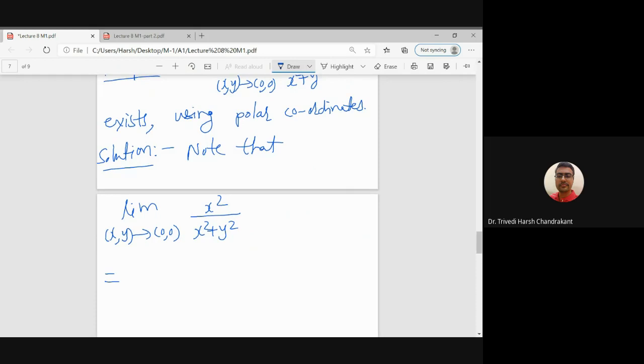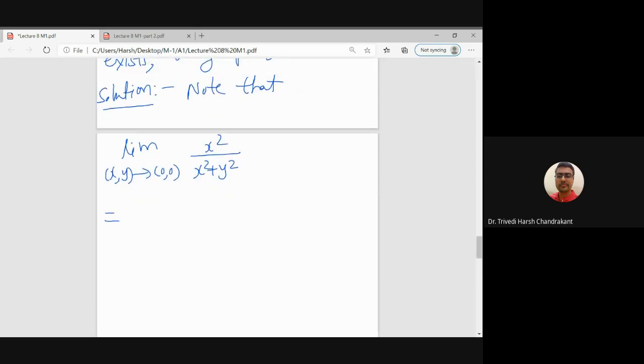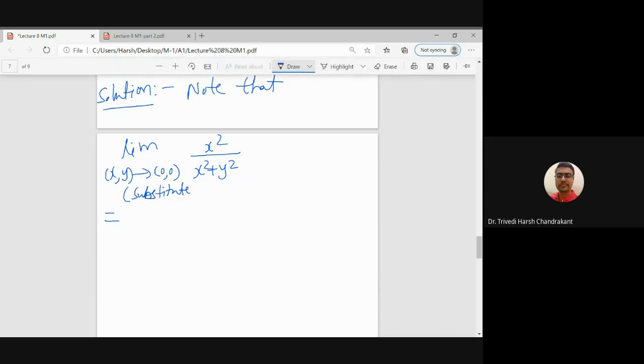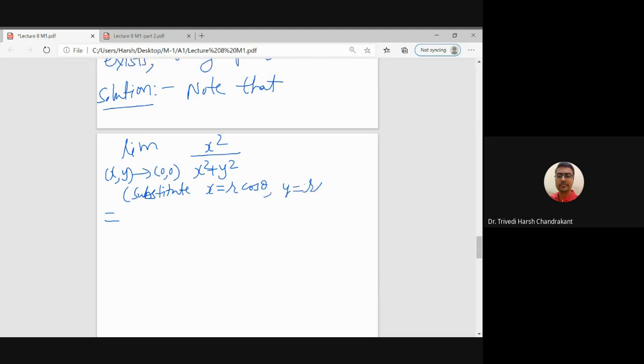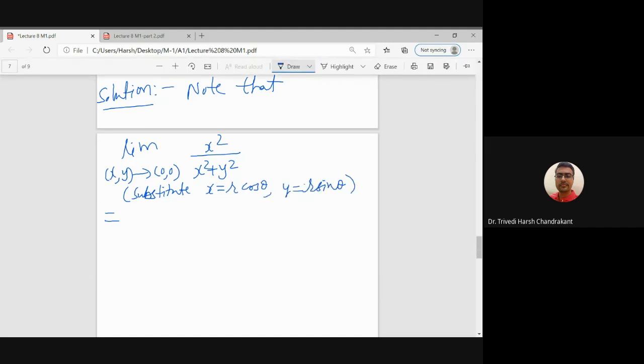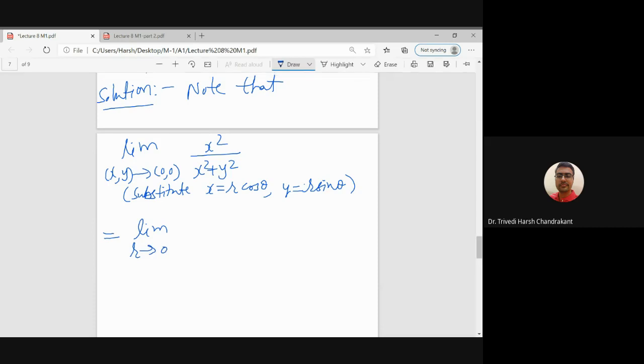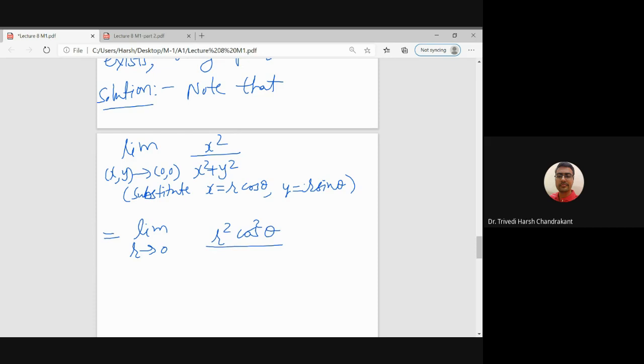So if you substitute x equal to r cos θ, y equal to r sin θ, what we'll get is this limit equals the limit as r approaches 0, instead of (x,y) approaching 0, and x² will become r² cos² θ, divided by x² + y².